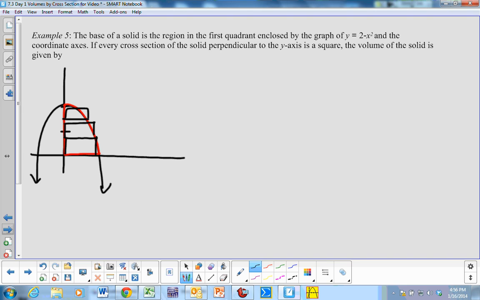So again, let's draw it kind of squished to the side so that it's a little easier to see that perspective. So if we draw our parabola, and then our cross sections go perpendicular to the y-axis, they're going to go like this.